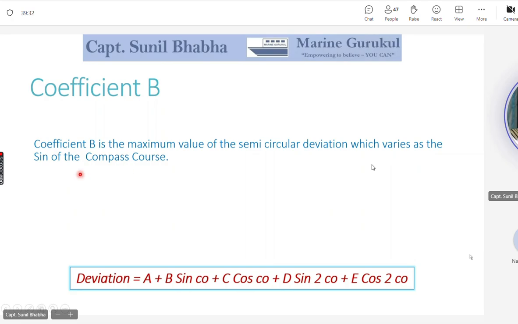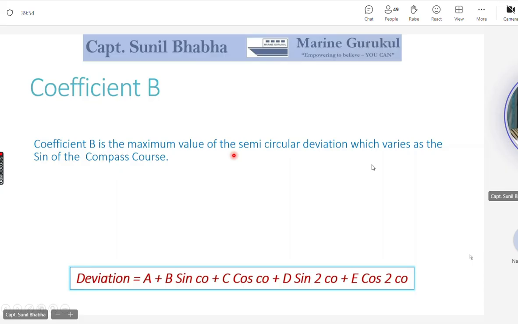That part of the deviation which varies as sine of the compass course, the maximum possible value it can have is coefficient B. Now, what is the meaning of semicircular deviation? We know one circle is 360 degrees.